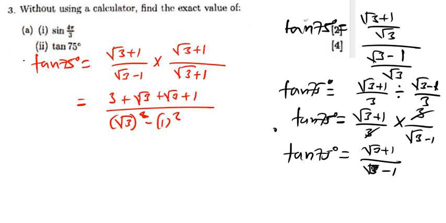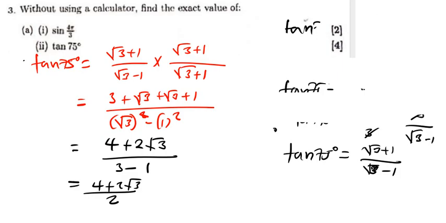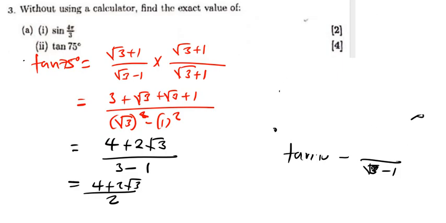So this goes 3 plus 1 is 4. This becomes 2 root 3. So the denominator is 3 minus 1, which is going to give me 2. So I'll end up having 4 plus 2 root 3 divided by 2. Now we can clearly see that 2 can go into 4 and 2 as well.